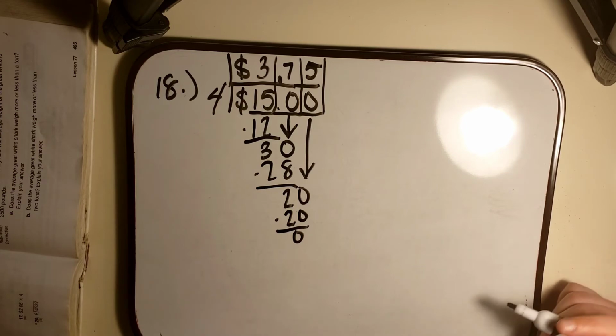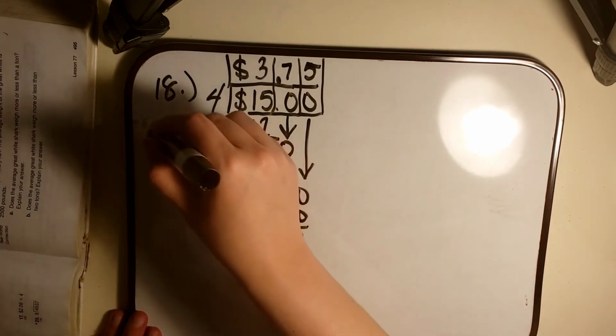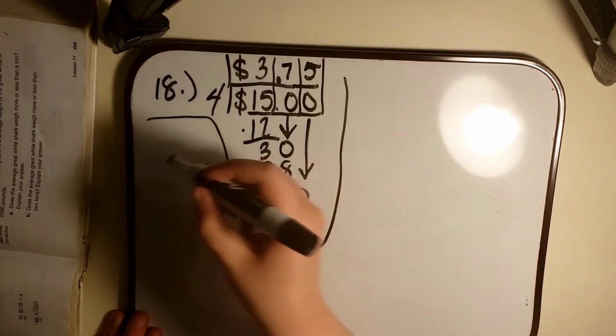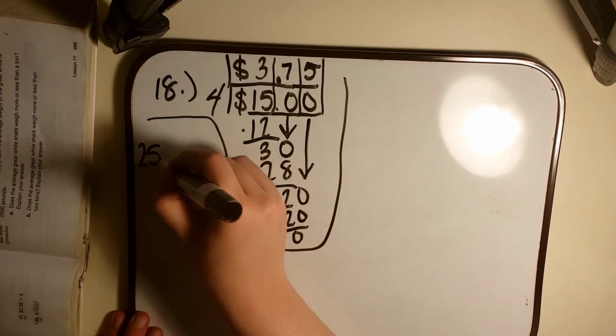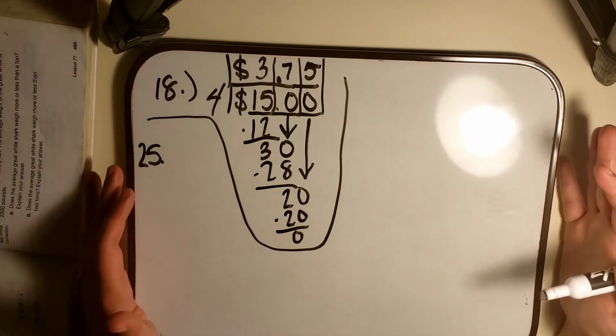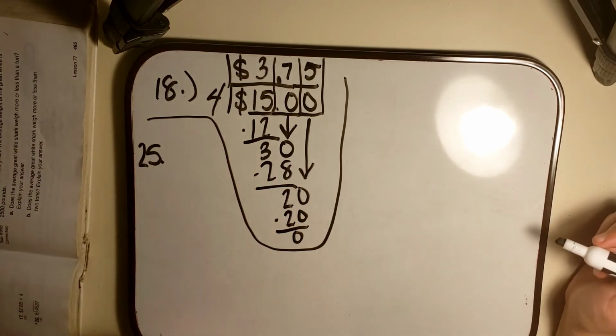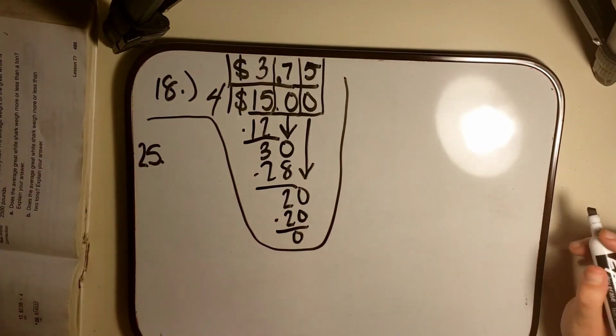And 2 more. We're going to do number 25, right here. I know it's not the neatest, and I like you guys to be neat, but I only have a limited space, it's a small whiteboard.